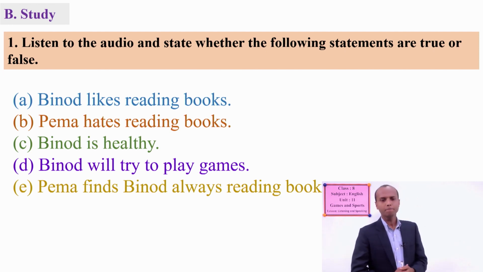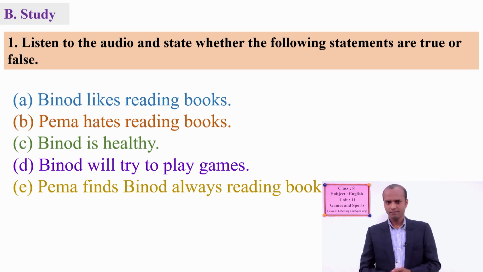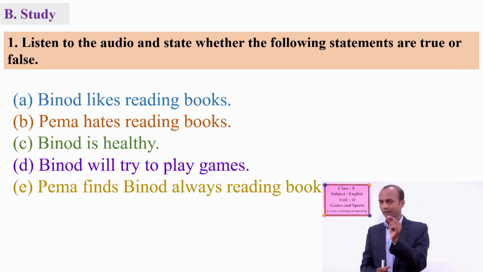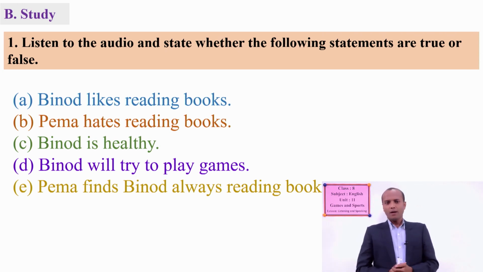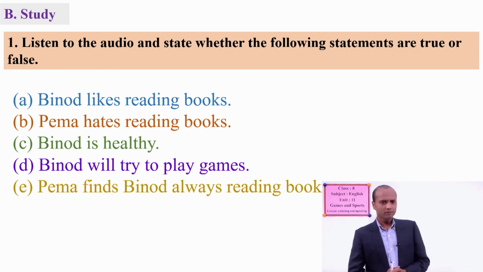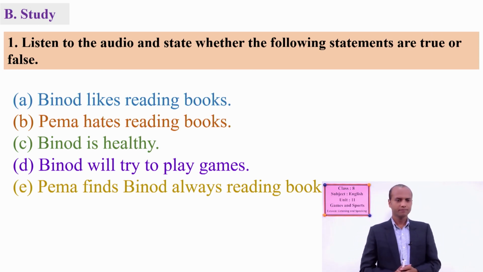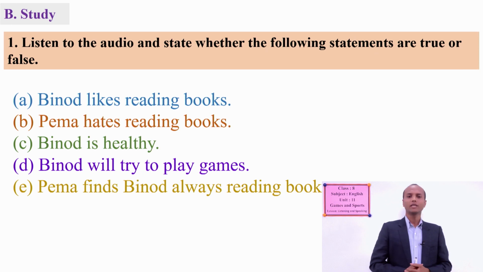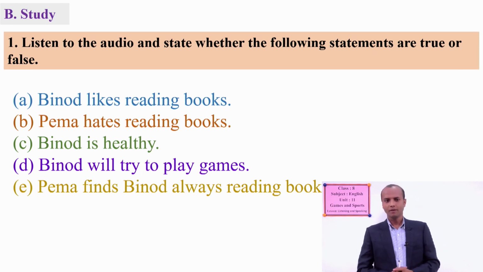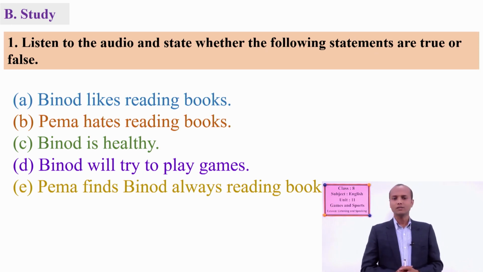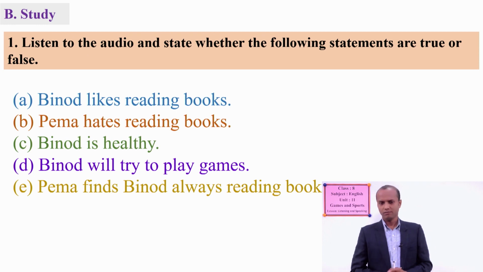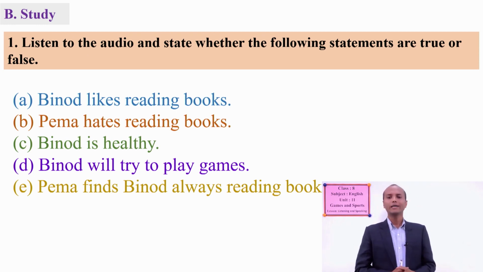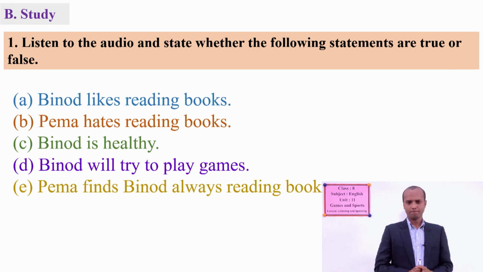Number A, Binod likes reading books. Binod likes reading books. Mind it. Number B, Pema hates reading books. Number C, Binod is healthy. Number D, Binod will try to play games. And last one, Pema finds Binod always reading books.